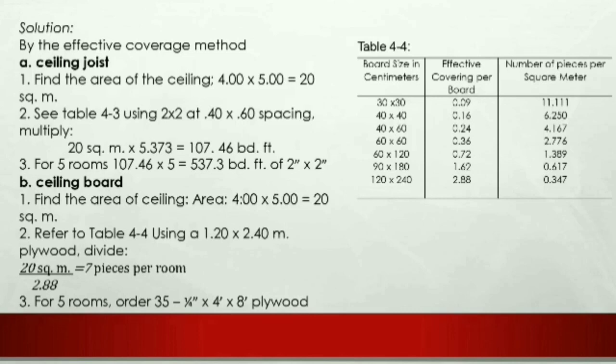For ceiling board, same, find the area of the ceiling and refer to table 4-4 for the dividend, and for 5 rooms, order 35, order 1/4 by 4 by 8 plywood.